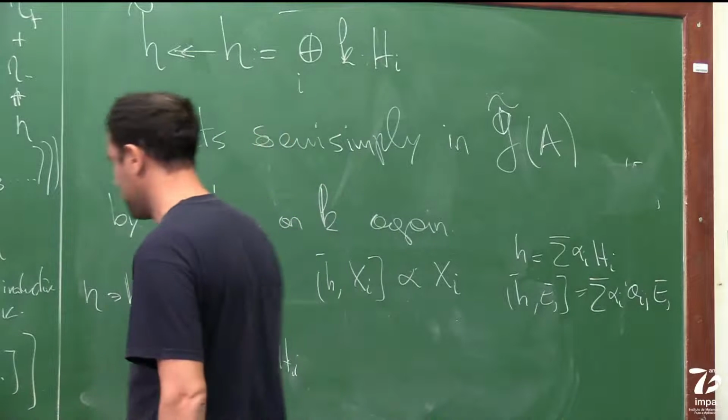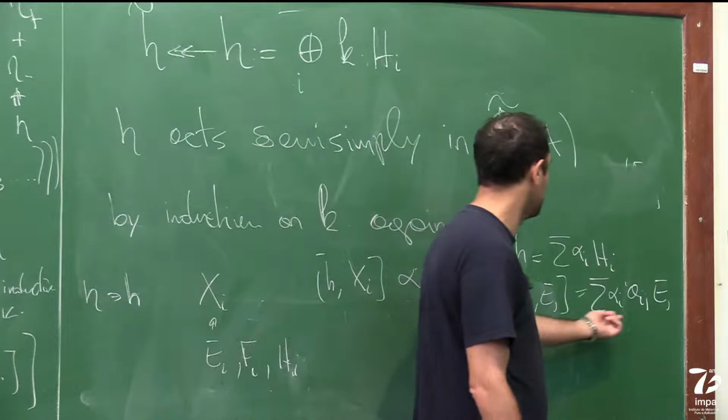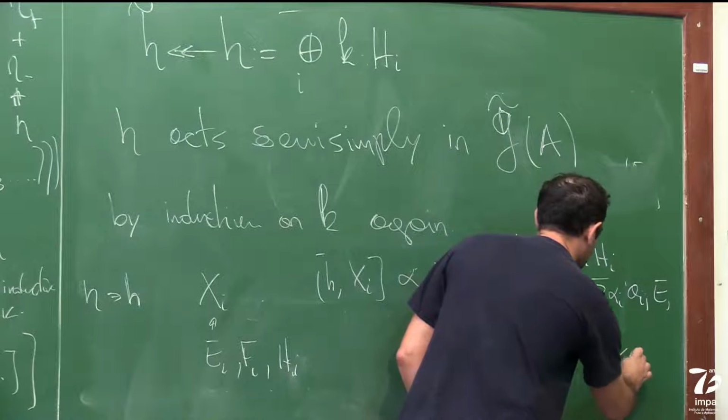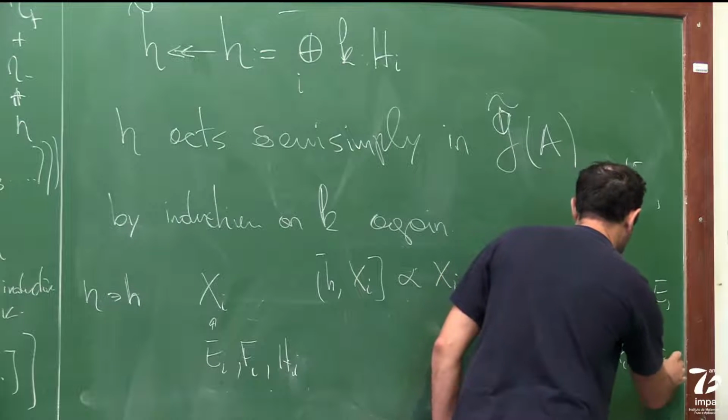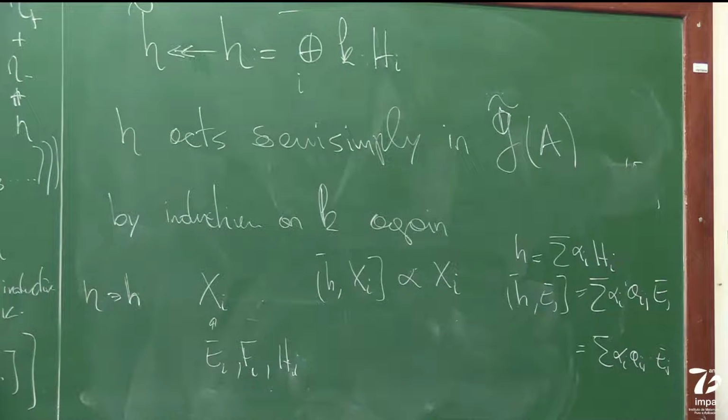So this is the same thing as an evaluation of a linear functional on ej times ej. So it's linear on these ej's. And the same thing for the f's.